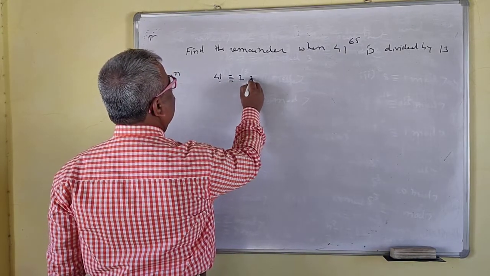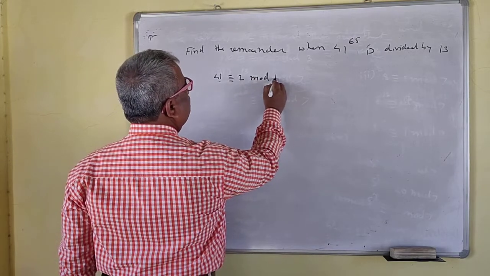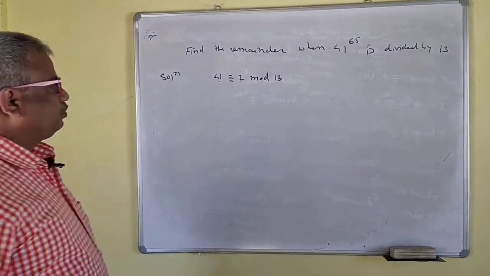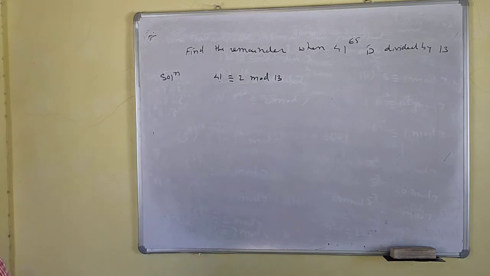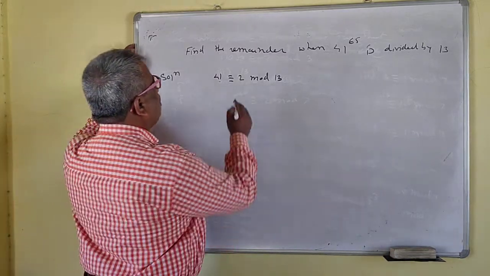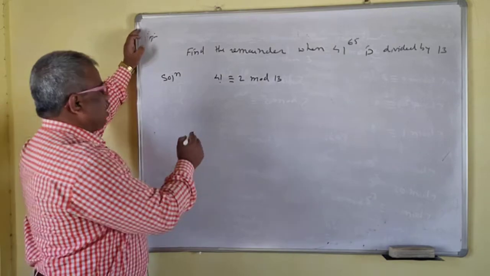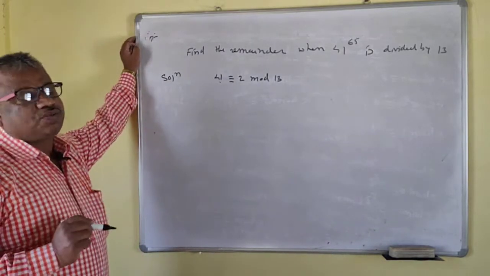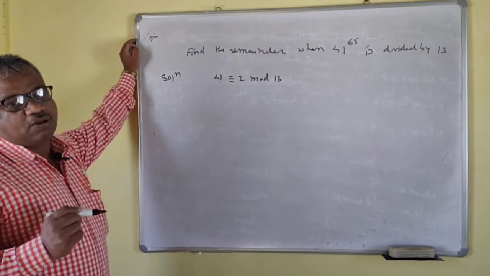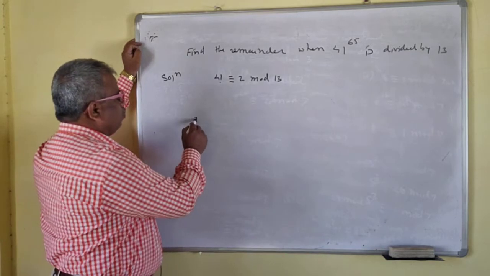So this is what, 2 mod 13 now. Now see 2 to the power 5. We'll concentrate on 2 to the power this, right? So I want 1 or minus 1. I want 1 or minus 1 in the power of 2.